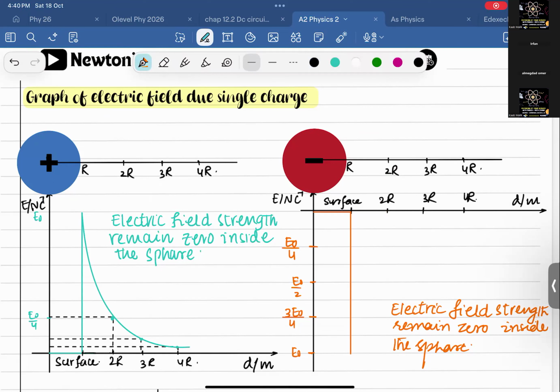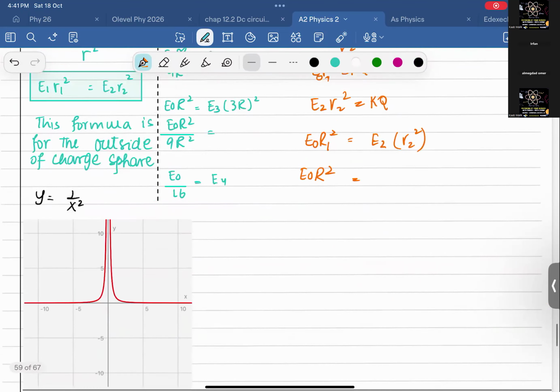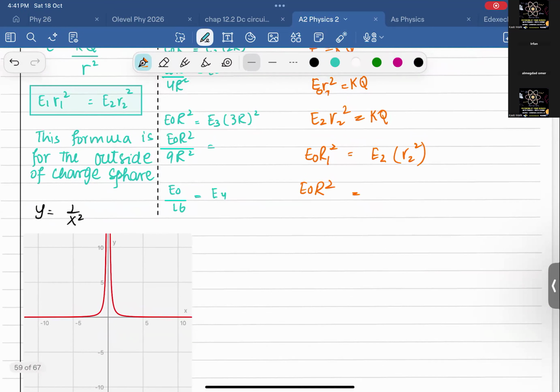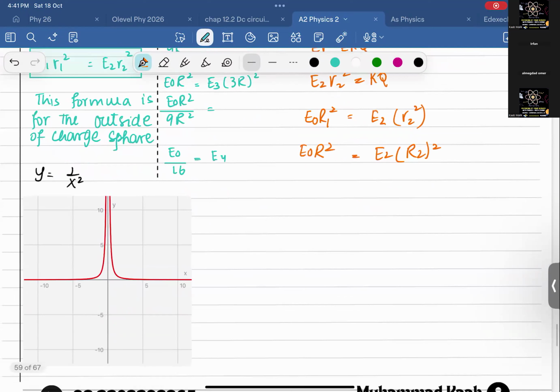So at the 2R distance, it is going to experience a lesser amount of electric field. So its formula will be, by the way, E2 is equal to R2. So I have E naught and then R squared divided by 4R.